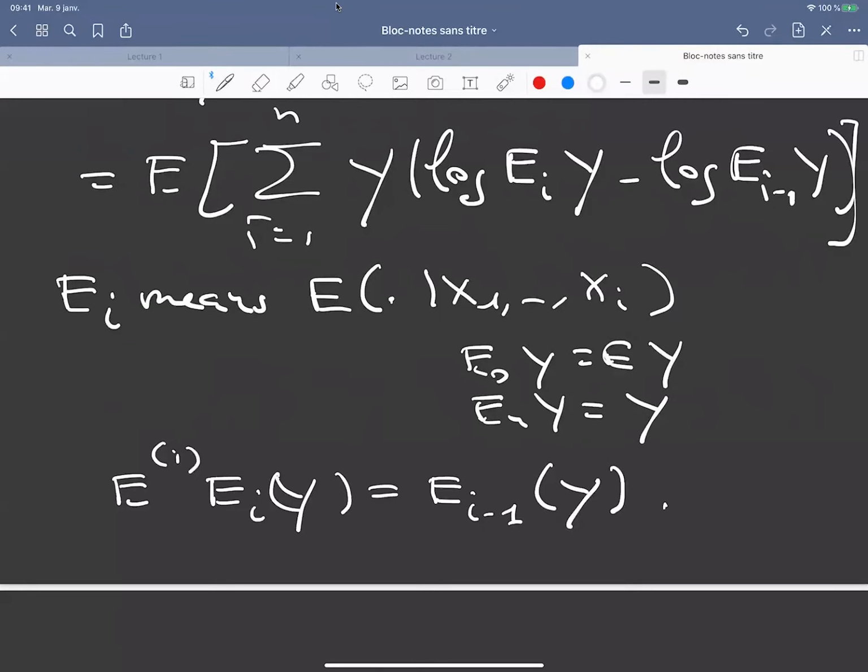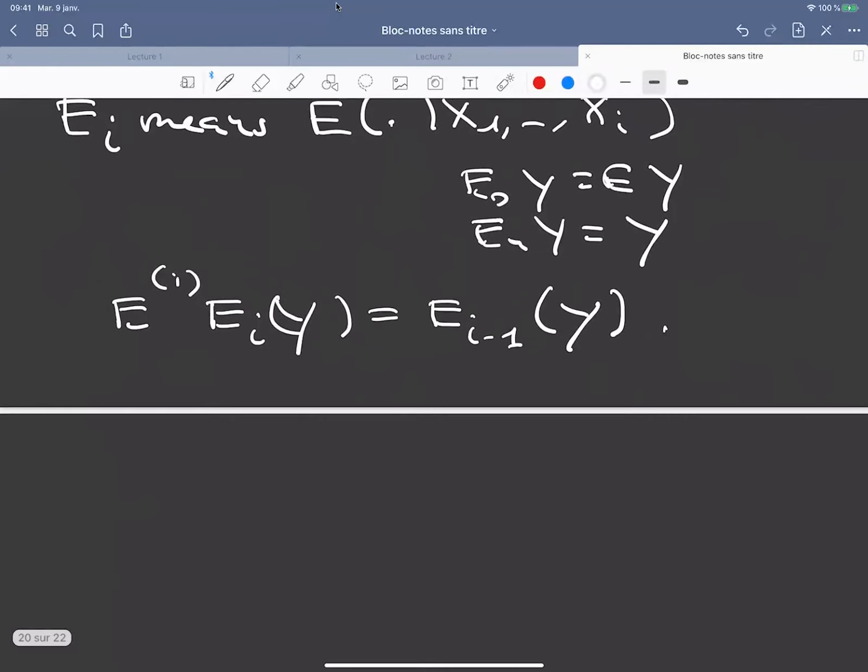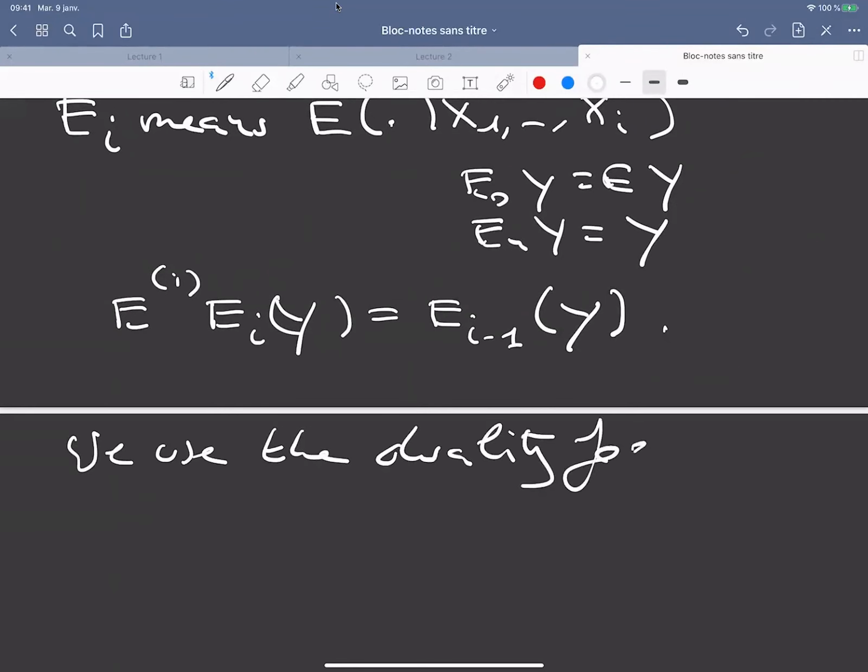So we shall use this. And of course, now we use the duality formula for the conditional entropy, entropy conditionally to x bracket i.